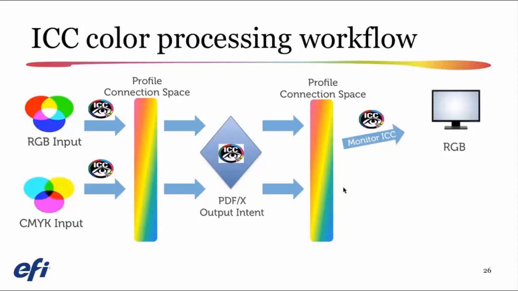This might be a monitor ICC profile so that the display on the screen looks like the SWOP profile, or it might be our usual CMYK output profile for the digital print system, and again, this will make the PDF file look like SWOP on the output device rather than look like the best representation of the input color spaces, which in fact might have more gamut than SWOP, and particularly the RGB input.